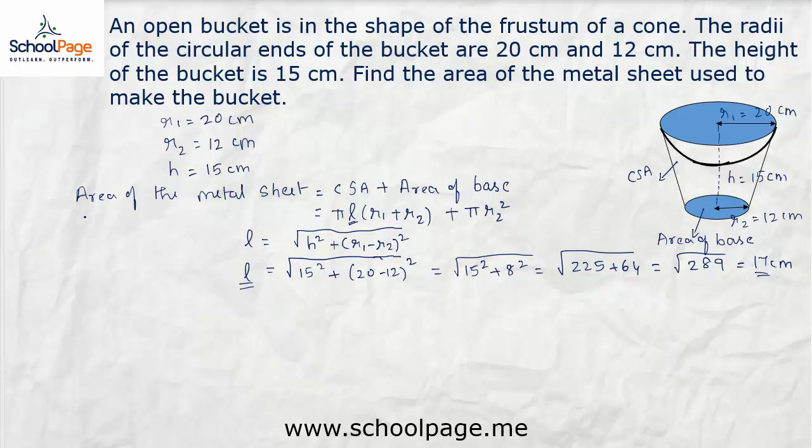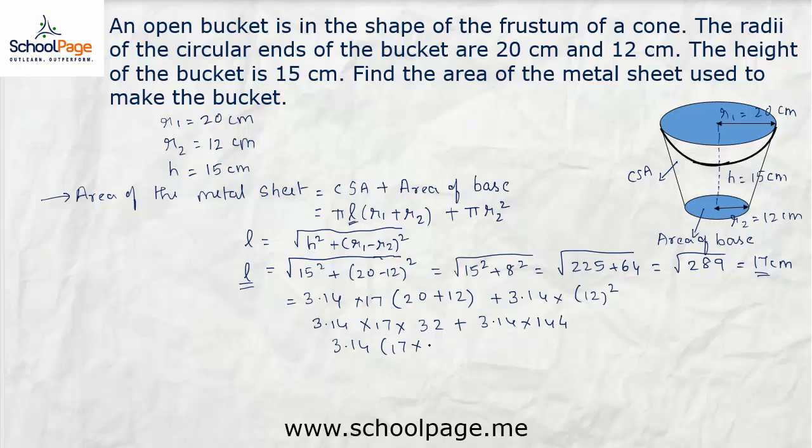Now let us go back to our equation to find the area of the metal sheet. So we substitute the value of pi as 3.14, L as 17 into R1 plus R2 as 20 plus 12, plus again for the value of pi 3.14 into R2 square, which is 12 square. Now we can solve this further. We get 3.14 into 17 into 32 plus 3.14 into 144. Let us take 3.14 common.